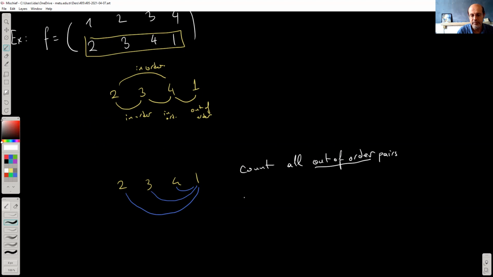Count them, and there's a number in here. Let's call the number of out of order pairs M. So we say that the permutation is even if and only if M is even.